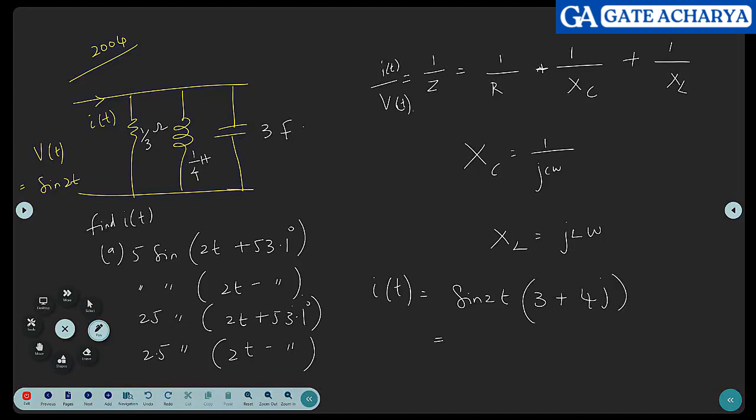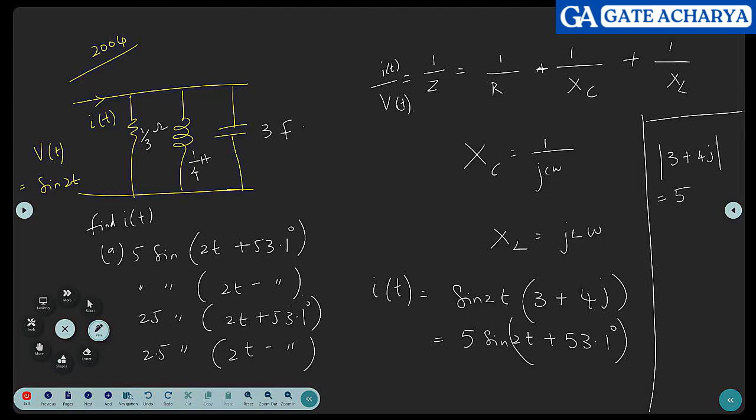So finally magnitude 5 sin omega t, 5 sin 2t, phase: magnitude is 5, angle is tan inverse of 4 by 3.